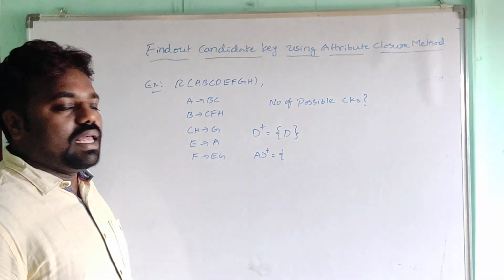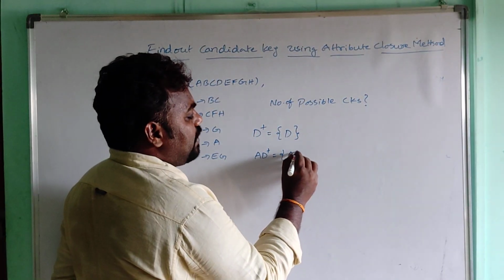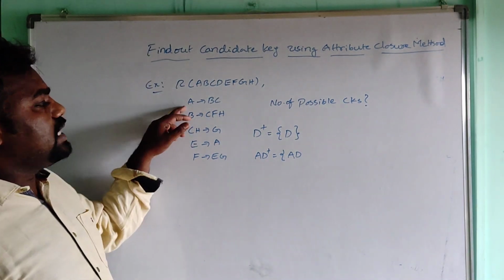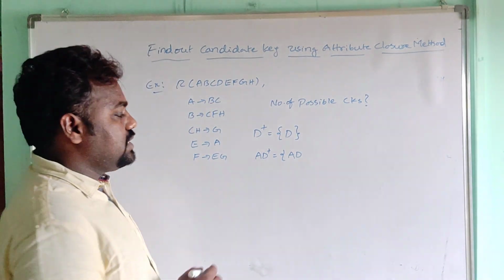Then we will see. Here A determines A, D determines D. Then A determines BC.